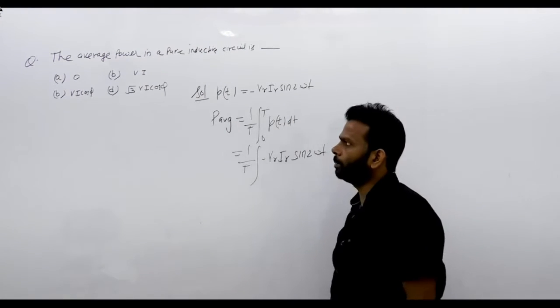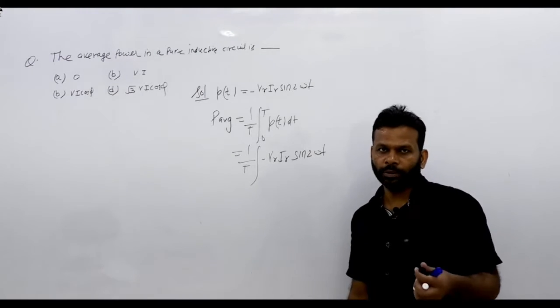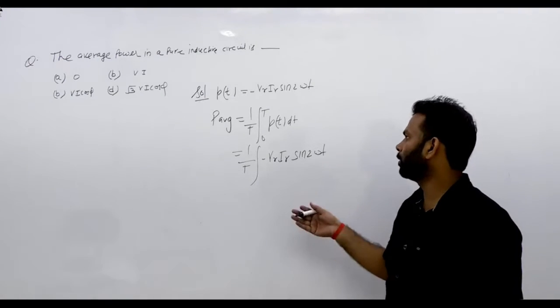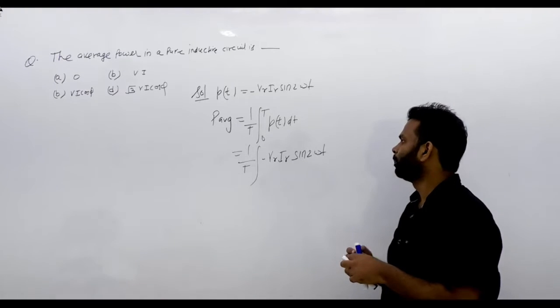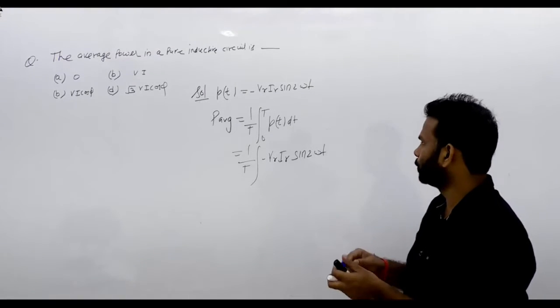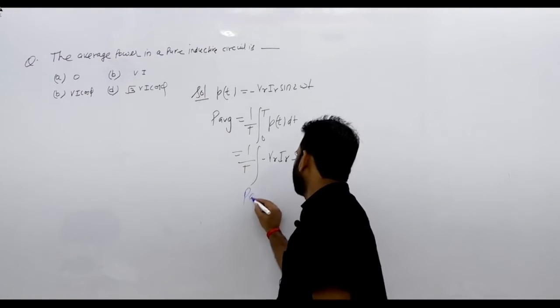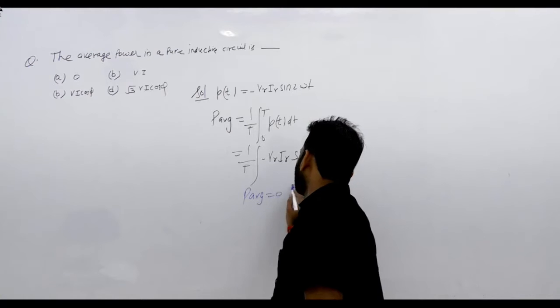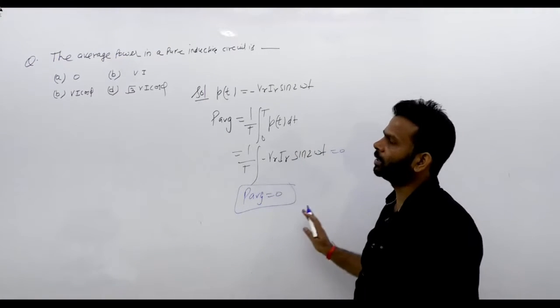Now if you remember, the average of sine, cosine, if it is having single frequency, double or multiple frequency, with angle plus or with angle minus, then your average is 0. So the average of this term is 0.